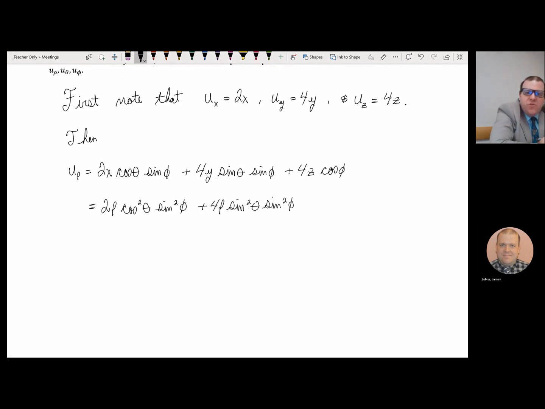So that second term will become 4 rho sine squared theta sine squared phi. z is rho cosine phi. So that last term will just become 4 rho cosine squared phi.